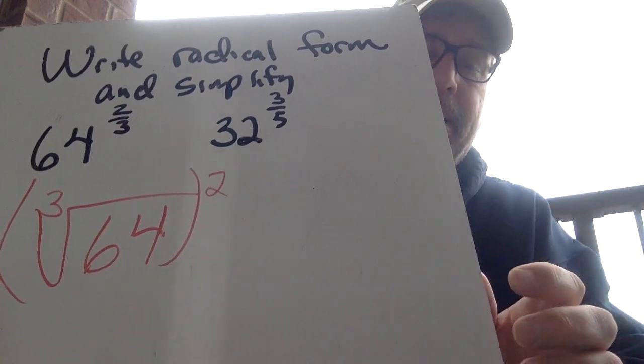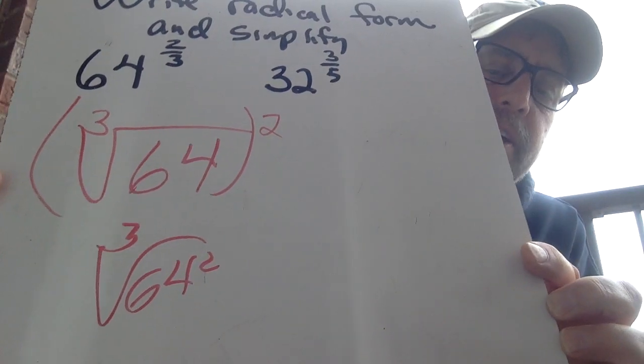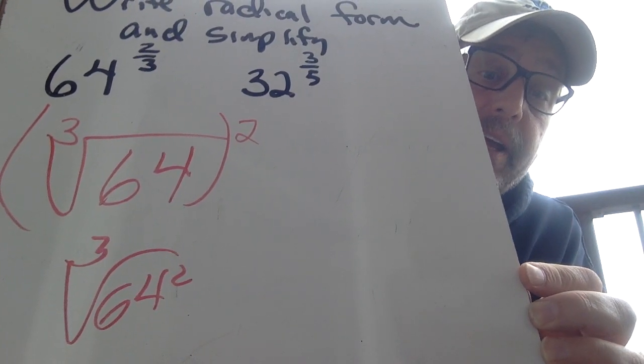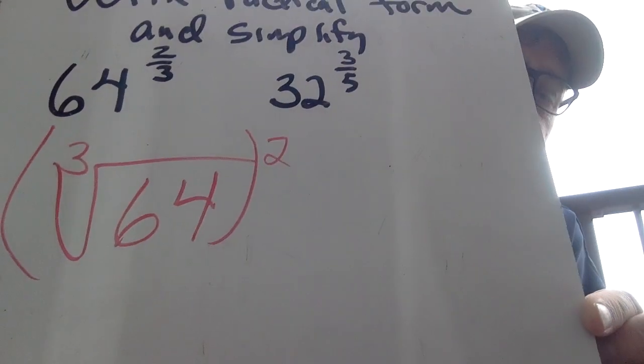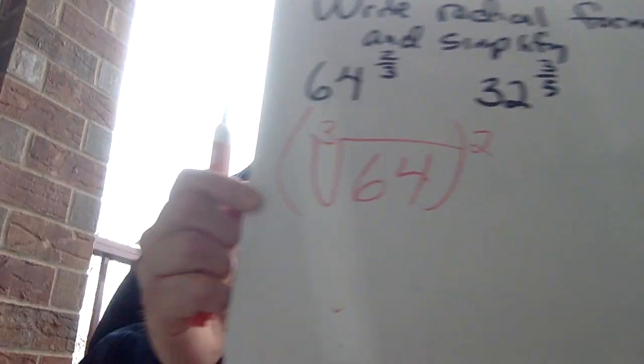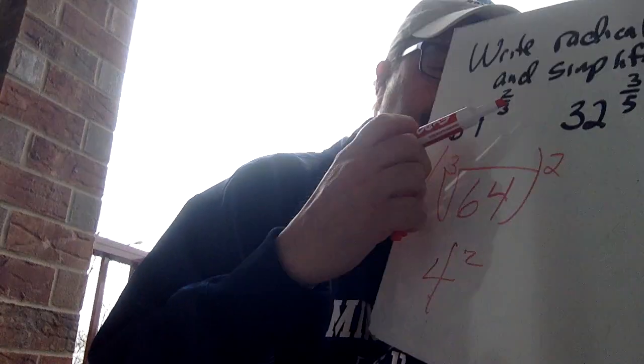Now, you could write it as this, but doing 64 times 64 is pretty darn big. So what I suggest is here, doing the cube root of 64, 4 times 4 times 4, and then 4 squared, and that becomes 16.